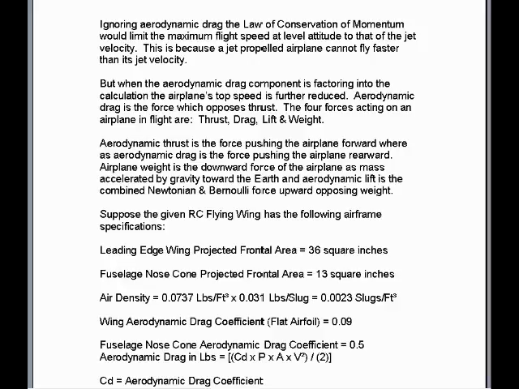Since 0.031 pounds weight equals one slug, we would simply take the air density of 0.0737 pounds per cubic foot and multiply that times 0.031 pounds to equal one slug, and that pounds per cubic foot would be converted into 0.0023 slugs per cubic foot air density.